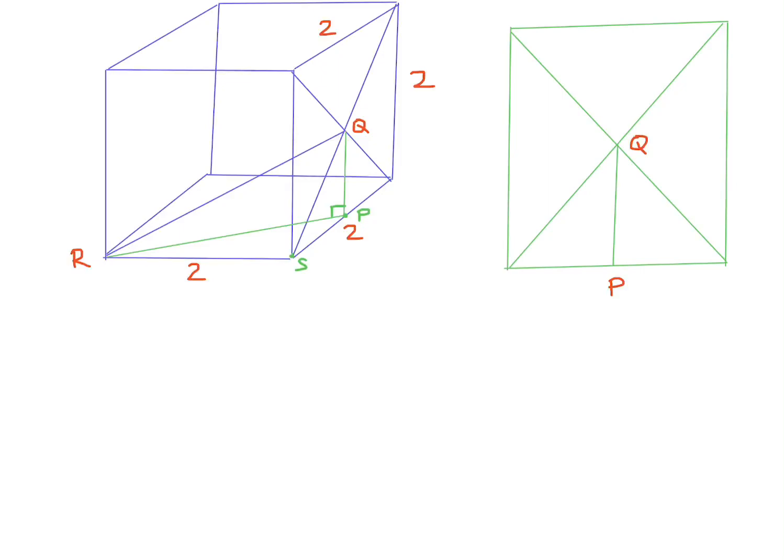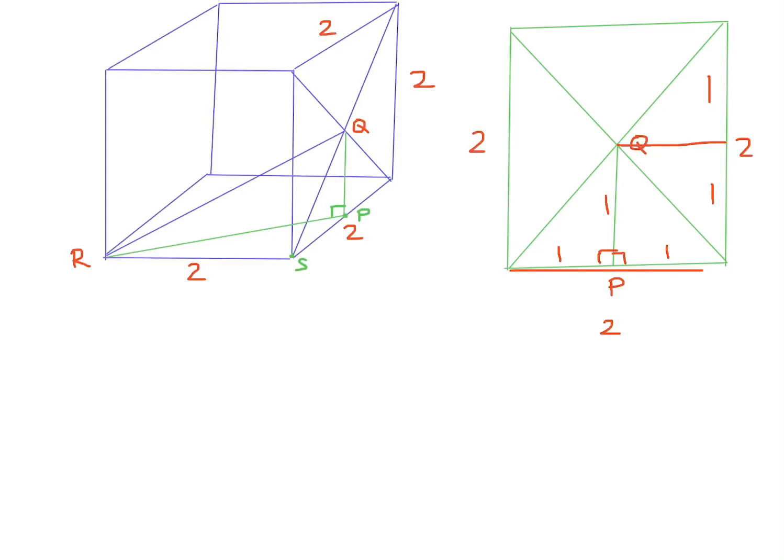Now, the good news is that we can use the fact that 2 is the side length. If 2 is the side, then this is a perpendicular, so we've essentially just cut that base in half. So therefore, this is 1, and this is 1. And we also know that from here to here, this is 1, and that's 1. So this side is also 1.